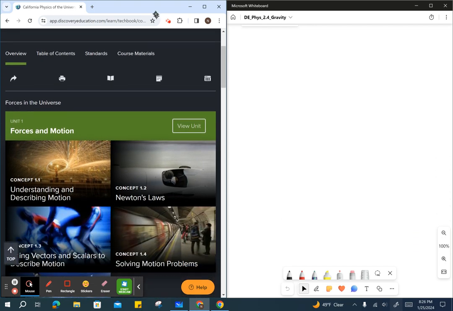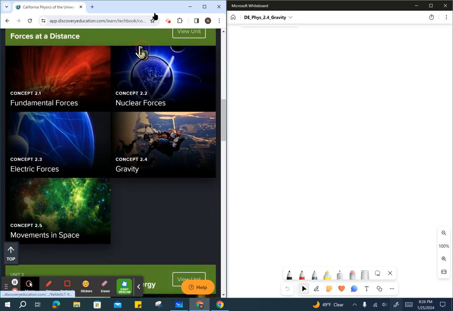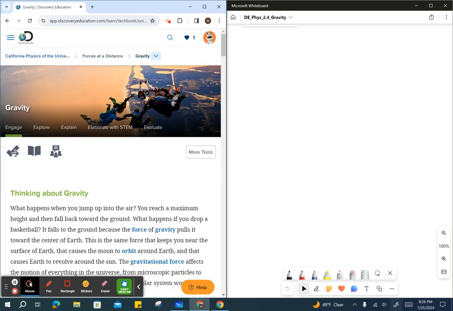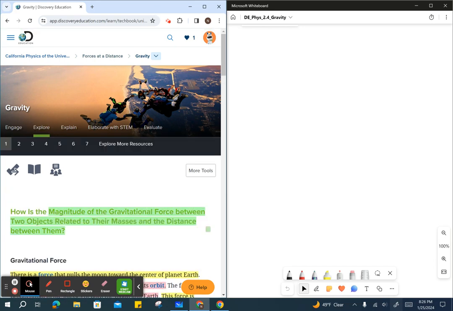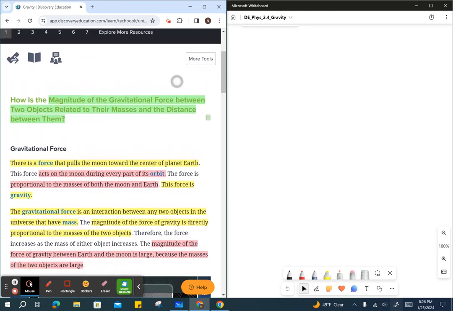We've already done unit one, of course, and here we are in unit two, on 2.4, drilling down into these specific fundamental forces. Let's click on gravity. If you take a look at the Explore, you'll notice that there are 7 Explore pages. So we'll go ahead and take care of our first one here.